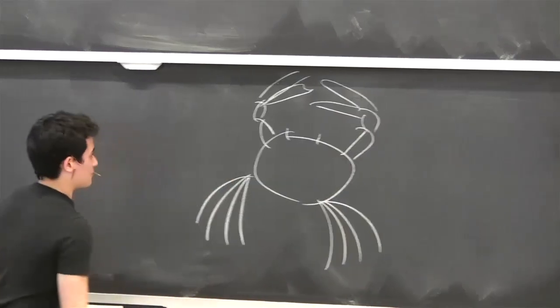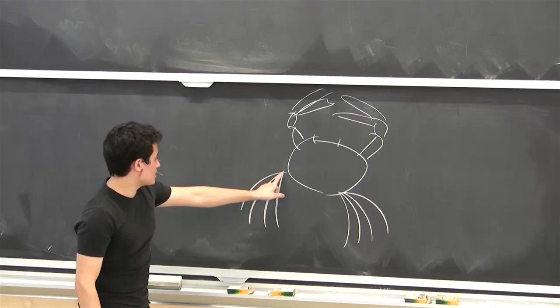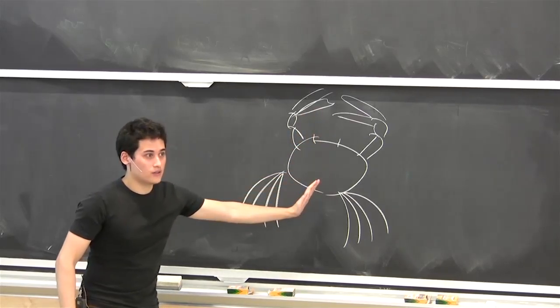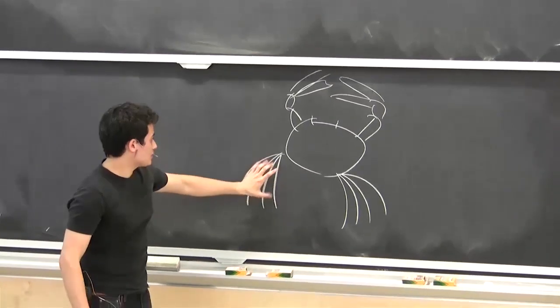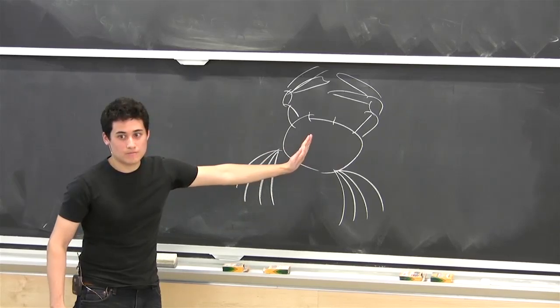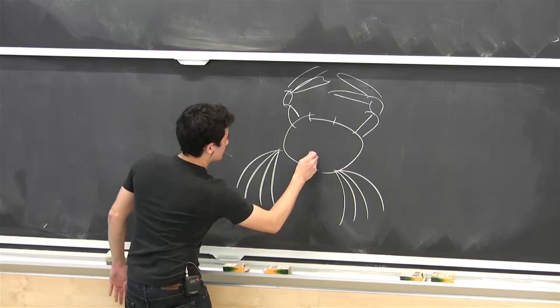That's kind of a cartoony version of a crab, right? But we see that maybe our axis of our model is here. These legs actually don't need to split at the axis, right? We could actually model this as in a tree.